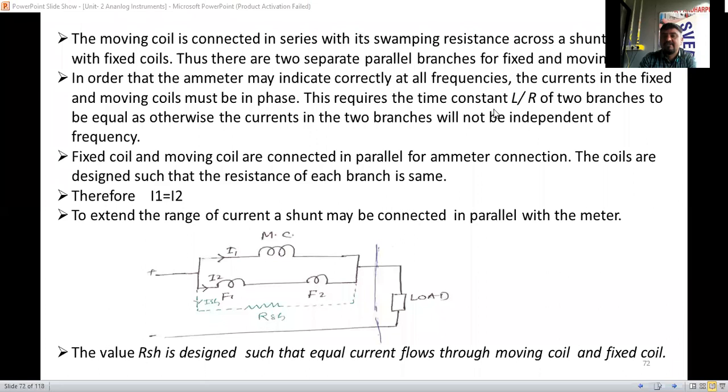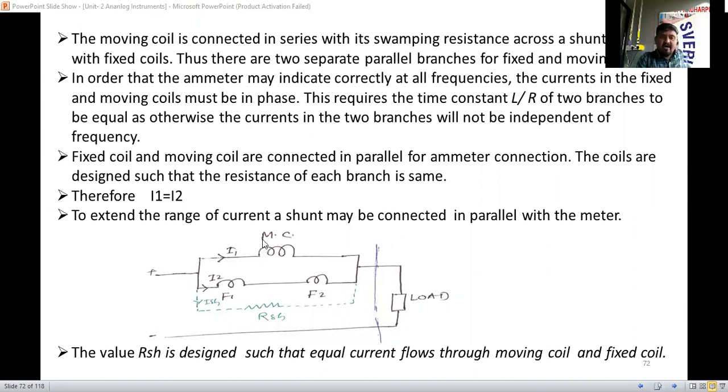This requires the time constant, that is the L/R ratio, of the two branches to be equal, as otherwise the current in the two branches will not be independent of frequency. See here, some inductances are there, some resistances are there.